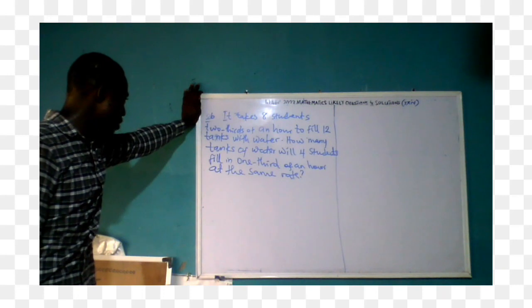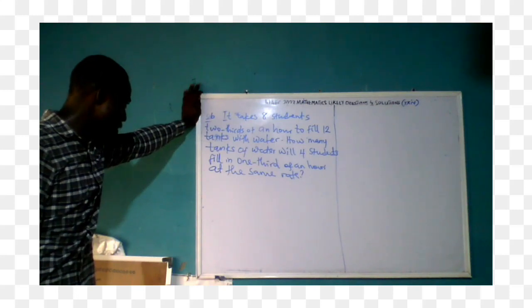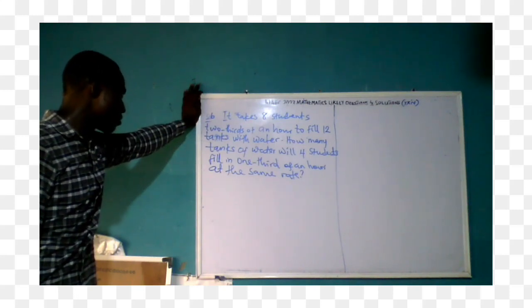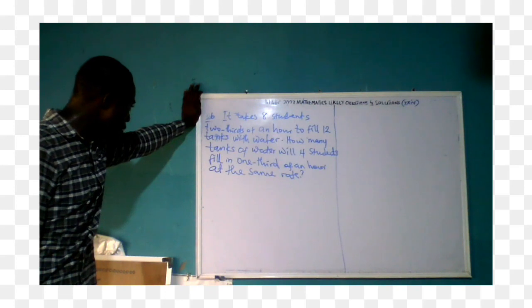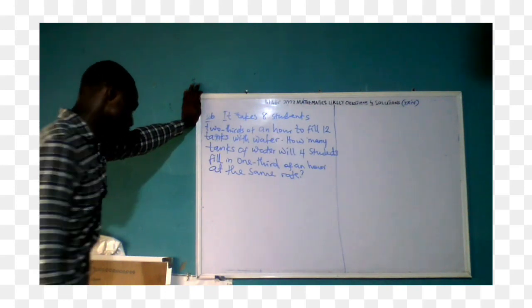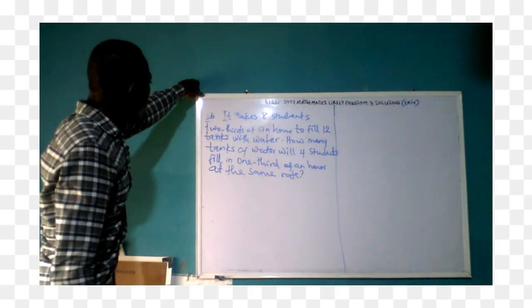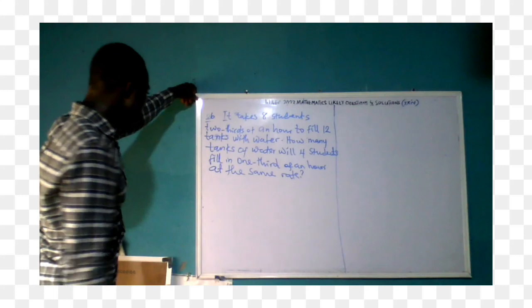Now let's look at question number 2b. It takes 8 students two-thirds of an hour to fill 12 tanks of water. How many tanks of water will 4 students fill in 1/3 of an hour at the same rate? In other words, at the same speed.